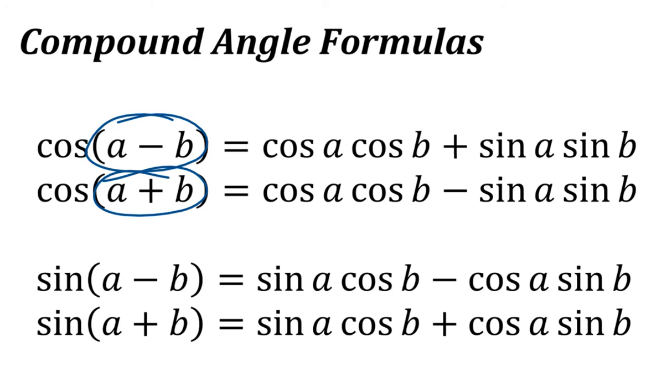It's a formula that is used to find the cosine of two angles, A and B, if you're adding them or subtracting them. And what you notice is it takes the sum or difference of two angles and turns it into a formula with just cos A and cos B, and then also sine A and sine B.